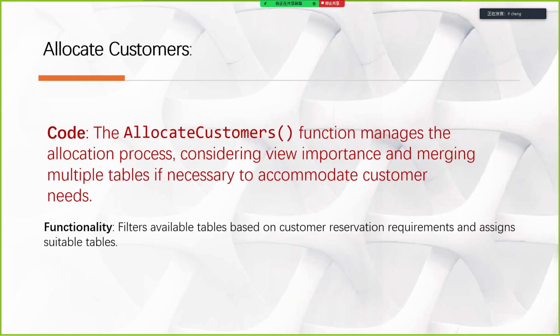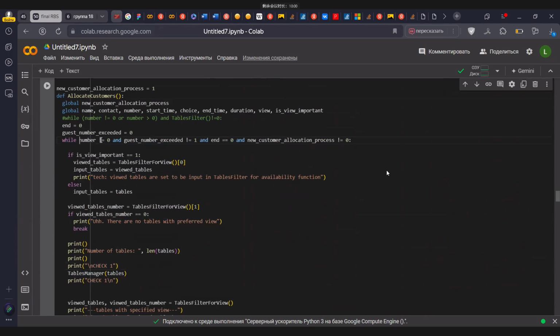Allocate customers. Allocate customers is in nature one large while loop consisting of an outer loop with the k iterator and an inner loop with the e iterator. The while loop has several conditions, and all of them should be true to let the while loop execute. Basically, the number of guests which we are going to allocate should not be 0.